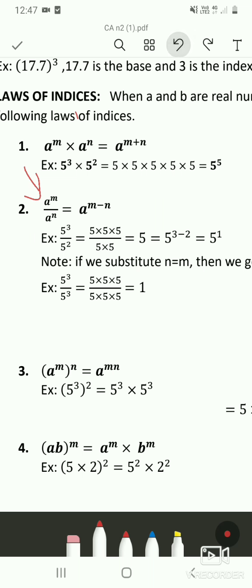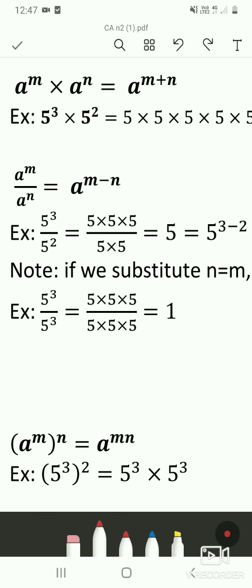Again let's consider an example: 5 power 3 divided by 5 power 2. Here 5 power 3 you can write as 5 into 5 into 5, divided by 5 square, which is nothing but 5 into 5. Here this 5 and this 5 get cancelled, this 5 and this 5 get cancelled, so you are left with 5.